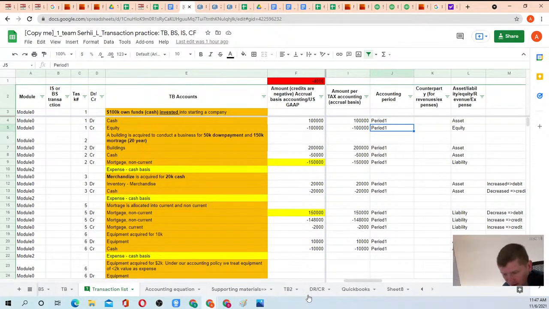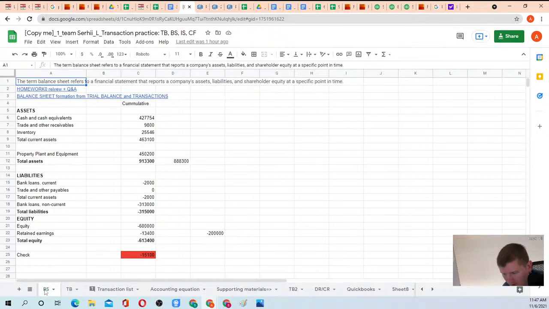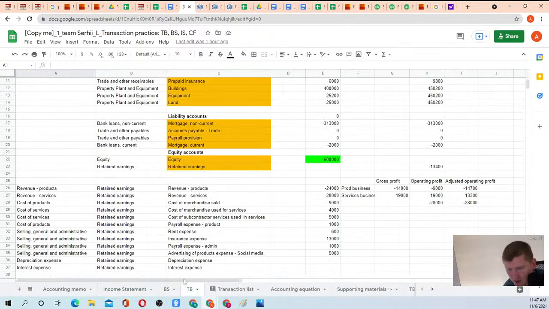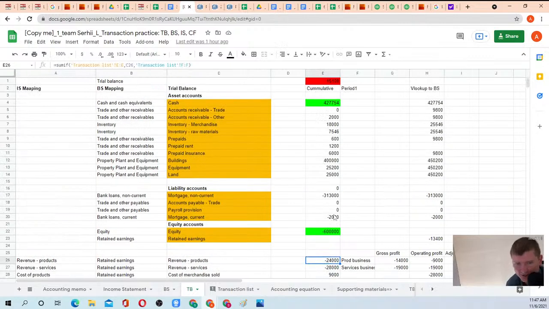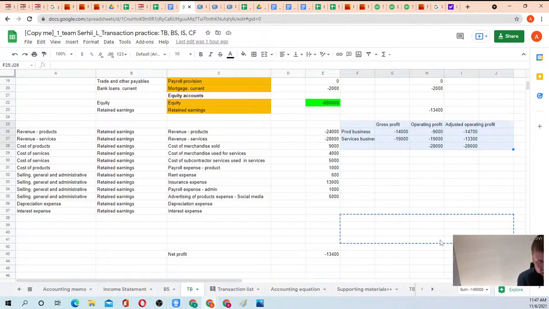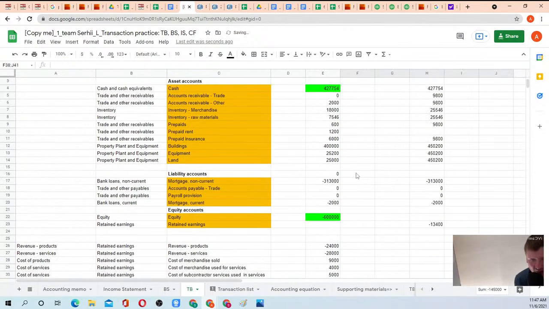And our income statements. Where is my income statement? Okay. Our income statement, our trial balance, and then income statement. It sums all the transactions, cumulative. So the equivalent of journal entries will be summing if transactions by each period.